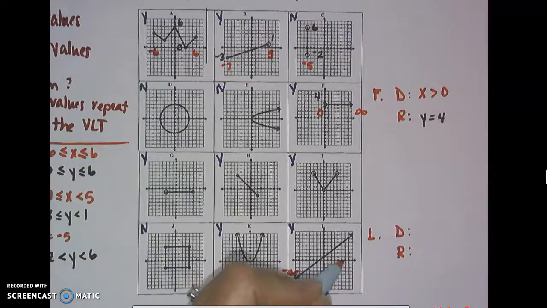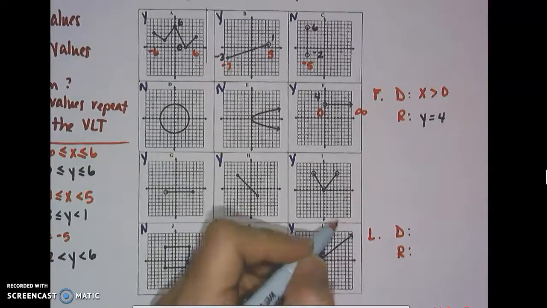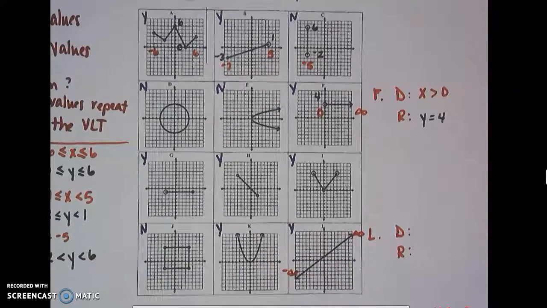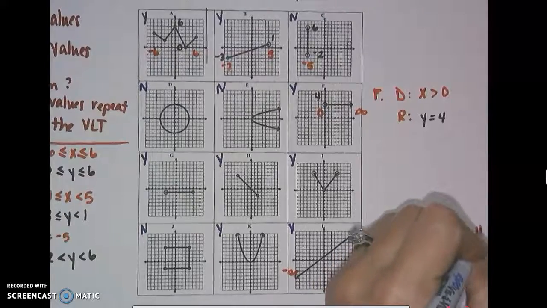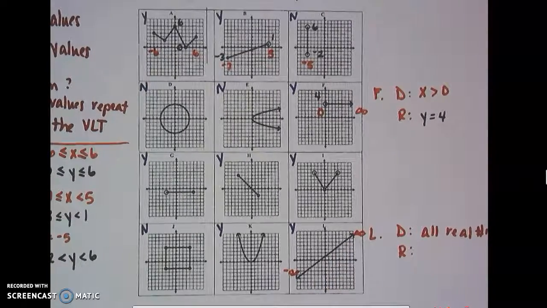And going all the way over to the right, since this is going to keep continuing, the x value would be positive infinity. If you have infinity on both sides of this, we are going to say all real numbers. Okay, if it involves literally every single number that you could imagine, then it's all real numbers.